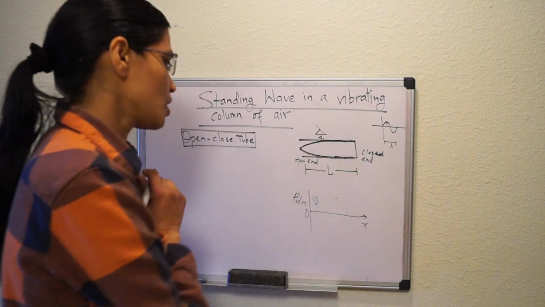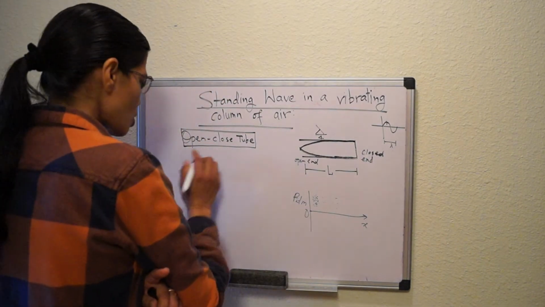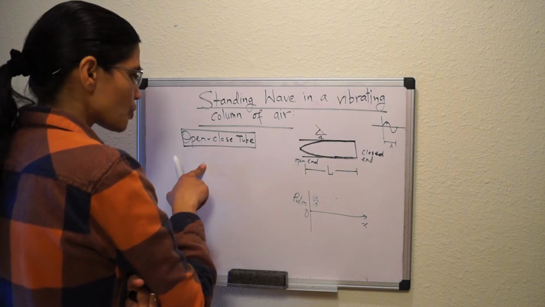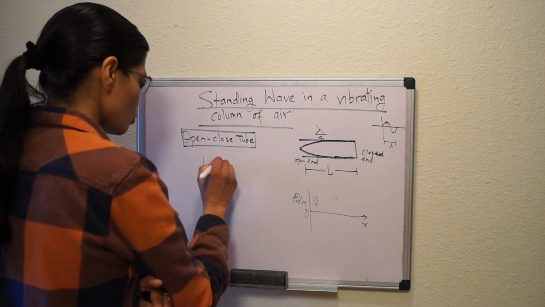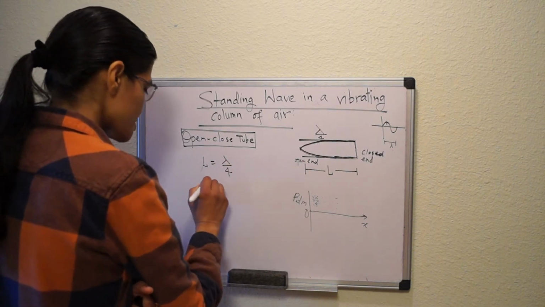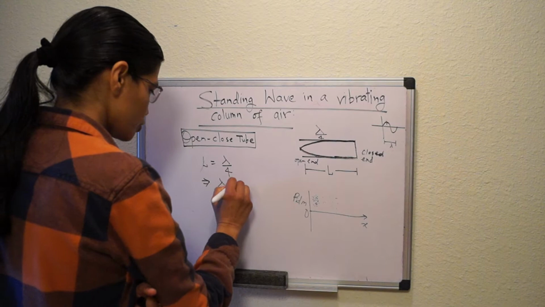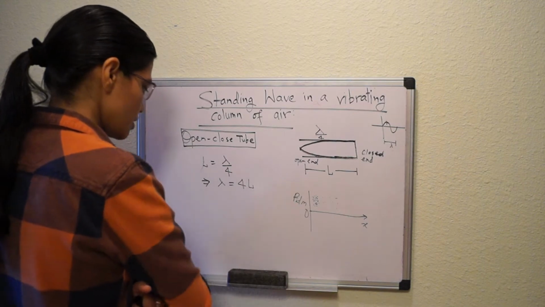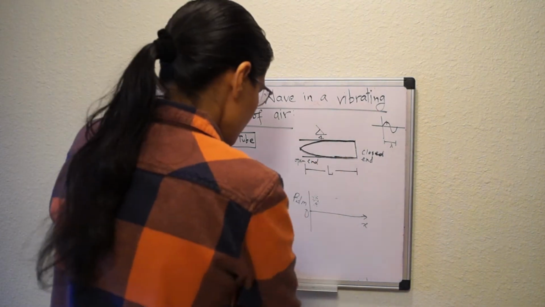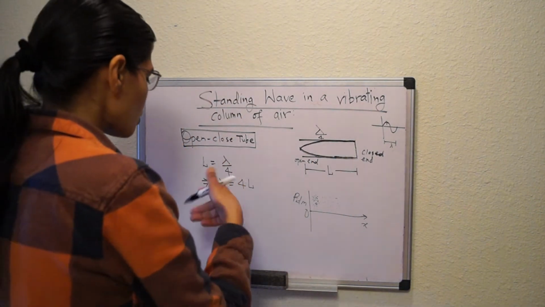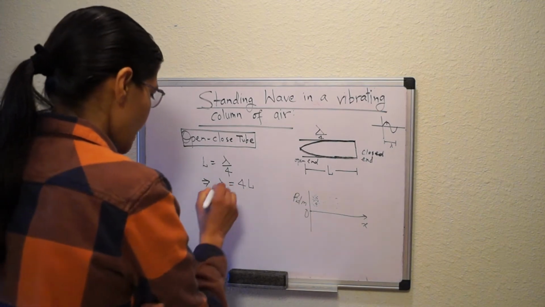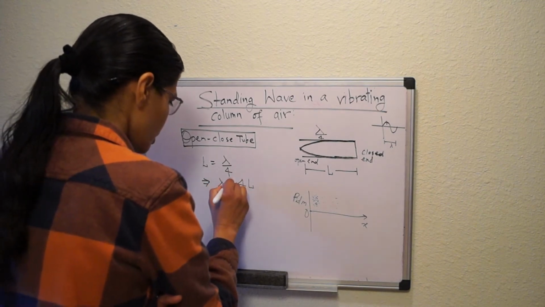So for an open-closed tube, length L is equal to lambda by 4, which means lambda equals 4 times L. This is when we have just one antinode. This is, let's call it, lambda 1.